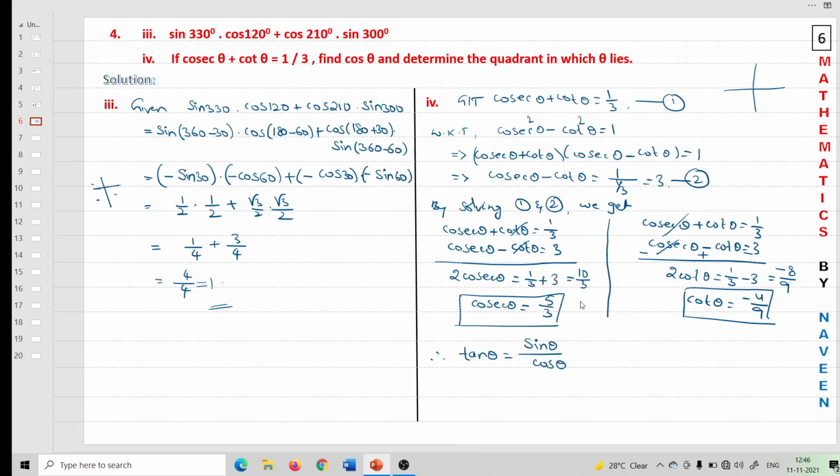Means here sin theta value we can write as 3 by 5, right? Because sin and cosec are reciprocals of each other. And here tan value we get. So tan theta is equal to minus 9 by 4. Right? So now the cos theta value can be written as sin theta by tan theta. Sorry.